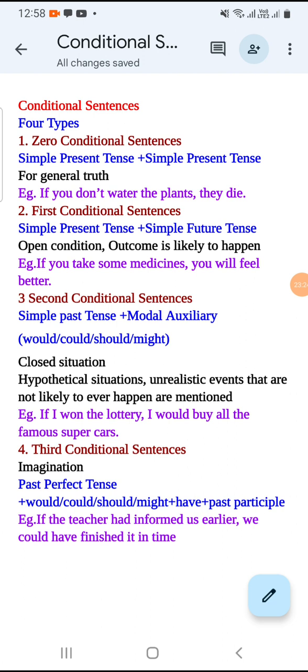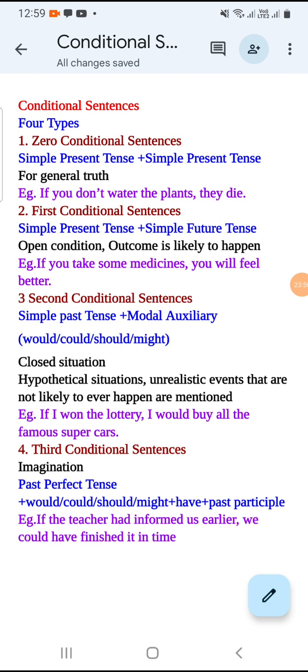So the if clause will be framed with the help of had, followed by could have, should have, might have, would have, depending on the situation, right?